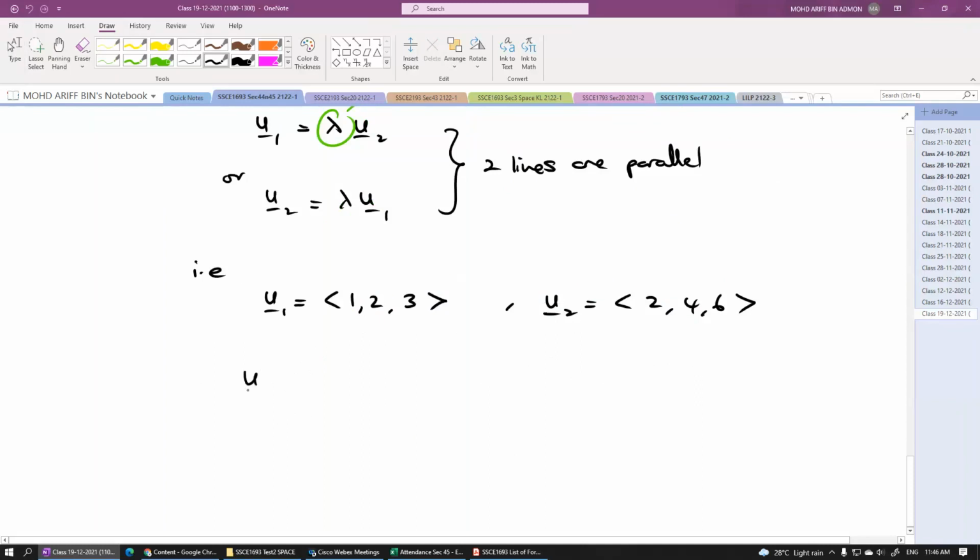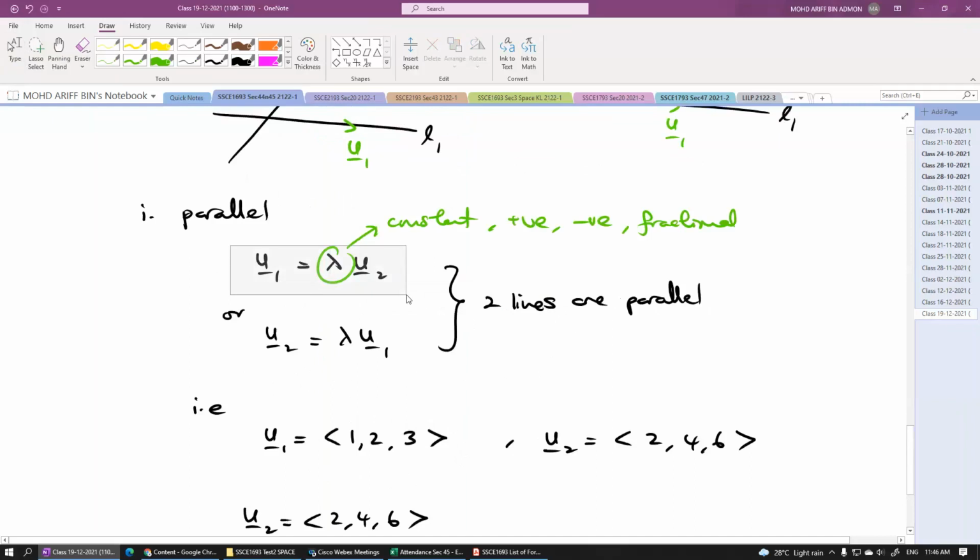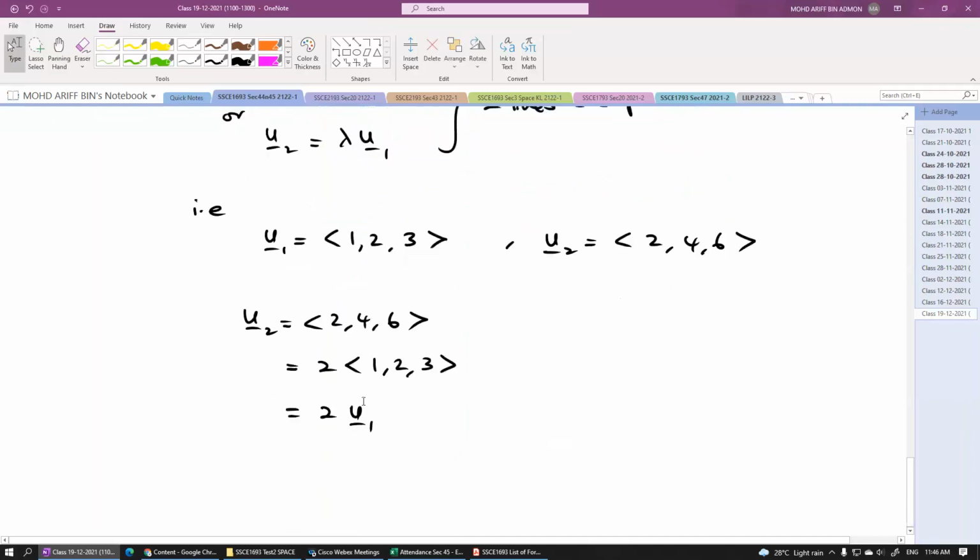So U2 equals 2, 4, 6. You can rewrite this by taking out 2, giving 2 times 1, 2, 3. And 1, 2, 3 is basically our U1. So you can write U2 as 2 multiplied by U1. This is what I mean here. You can get this equation, so that is actually parallel.